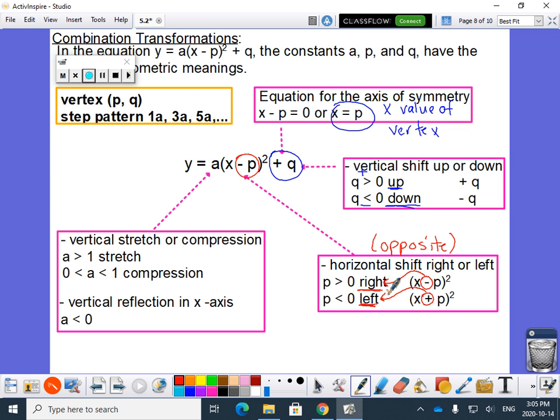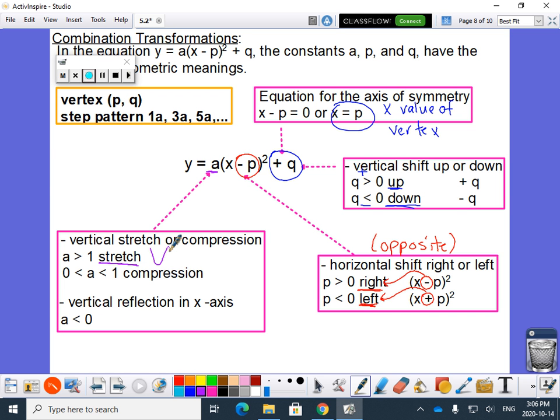Over here, it's the A value that tells you whether or not there is a vertical stretch, a vertical compression, or a vertical reflection in the x-axis. So keep in mind, when A is greater than 1, we have a vertical stretch. Okay, so that usually looks something like this.